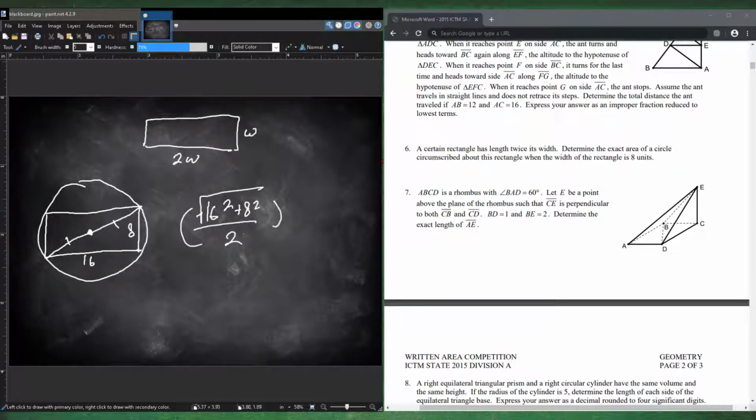Then square it and multiply by pi. The square root of 2 is 4, so you just use your calculator: 16 squared plus 8 squared divided by 4 gives you 80. So 80 times pi is your area, which is 80 pi. That's your answer for 6.